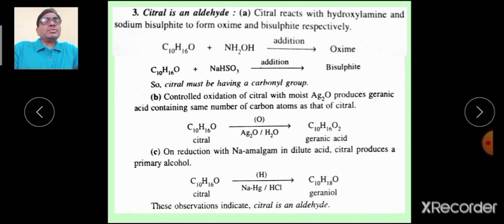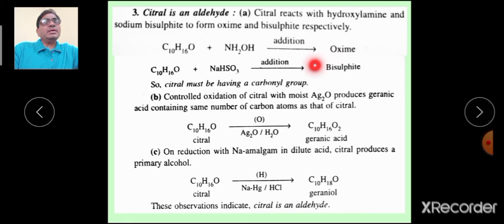Now, it is an aldehyde. How is it proved? First reaction: it reacts with hydroxylamine, an addition reaction forming oxime as a product.